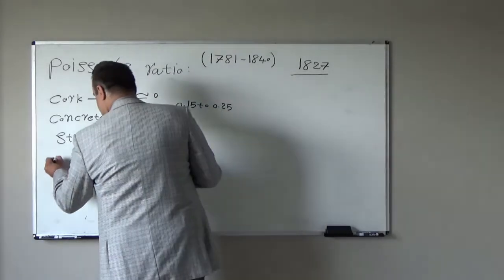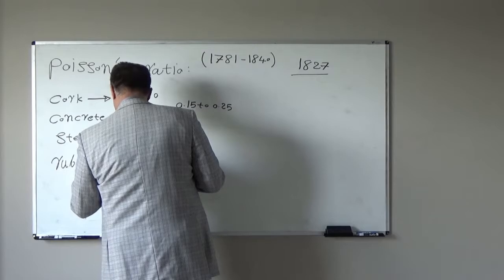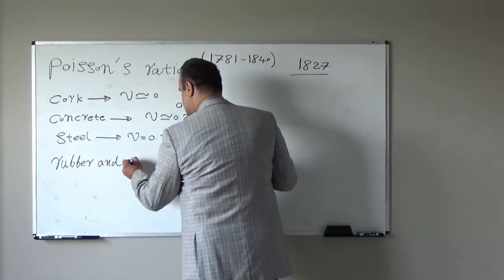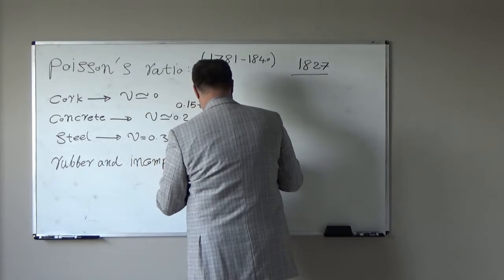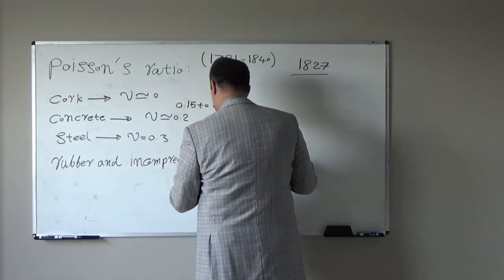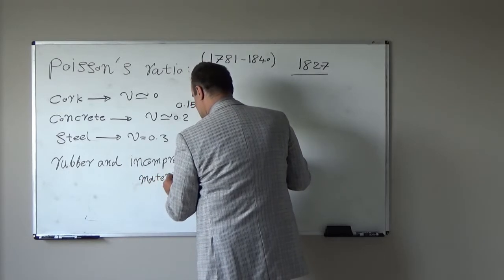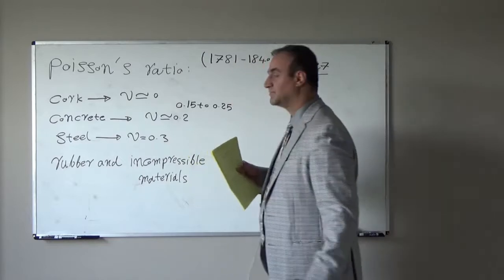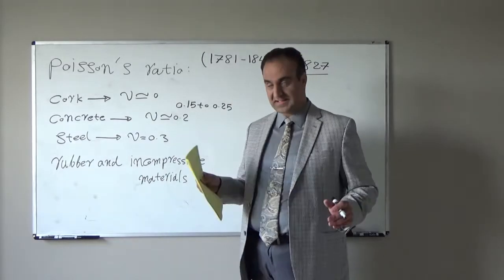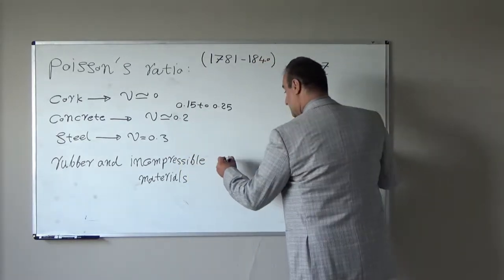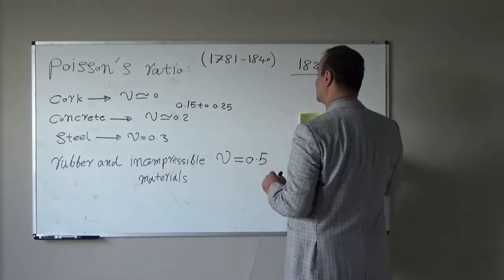For rubber and incompressible materials, like fluids, like oil, like water, if you put them inside a container, the Poisson ratio is 0.5.